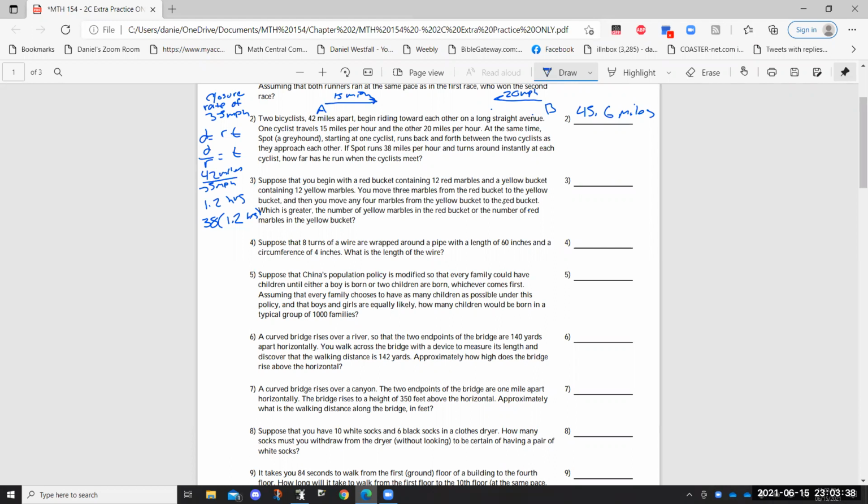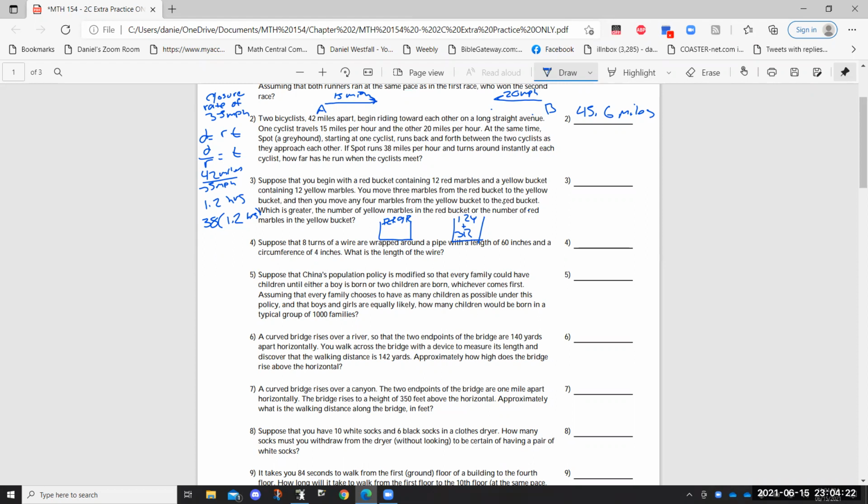So, 2 buckets, and you originally started off with 12 red, 12 yellow, and you're going to take out 3 red, leaves me with 9 red, and I'm going to put the 3 red over here.